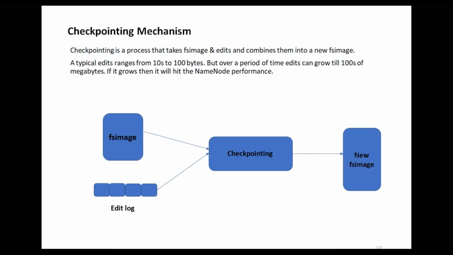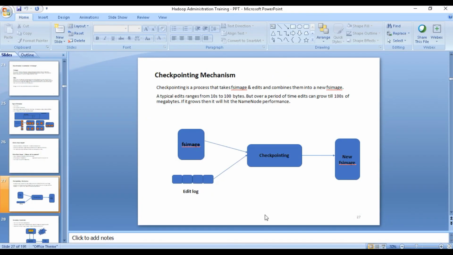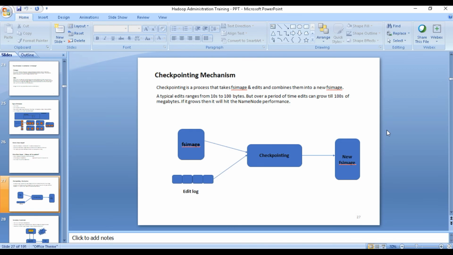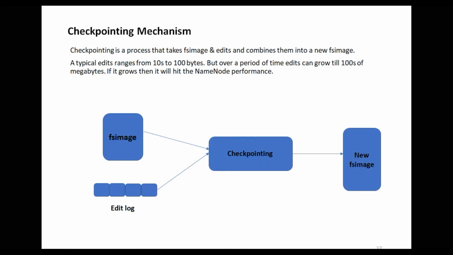Right, and what is meant by checkpointing? Checkpointing is a process that takes the FS image and edits and combines them into a new FS image. The FS image is a metadata file, and edits are also metadata files. The FS image is from when you first load the cluster, and edits are new operations.